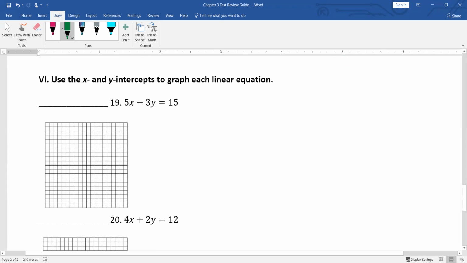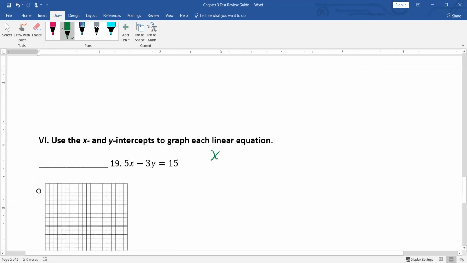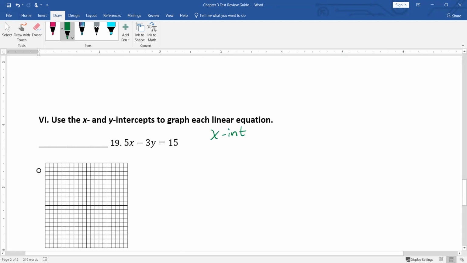So when we did this on our quiz last, we actually used our y-intercept form to graph. In this case, we're going to use our x and y intercepts to then graph our linear equation. So with our x-intercepts, we know that it's intercepting the x-axis, and so y is always 0.